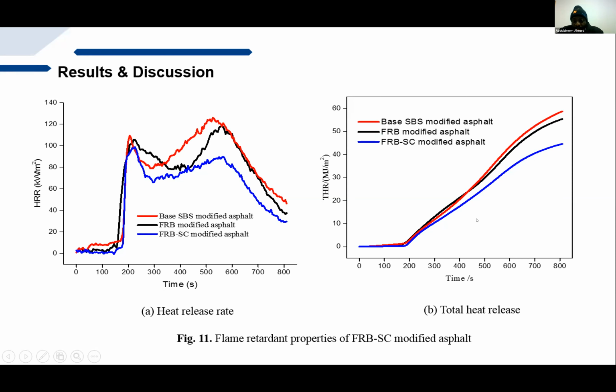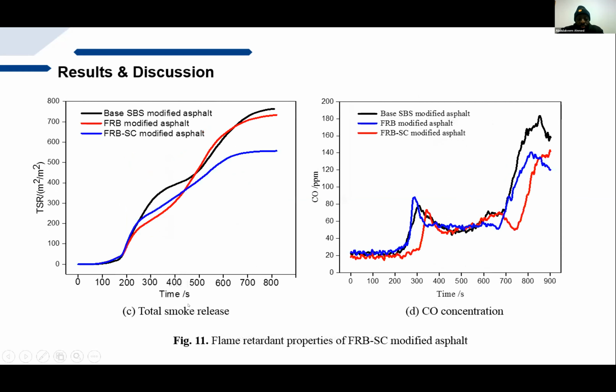On the right, in the second picture, we see that they all started with the same trend. And as time went on, we noticed that the asphalt with no flame retardant was emitting more heat. However, with the addition of the flame retardant, we were able to reduce the total heat released at the end of the day, which would be directly proportional to the possibility of combustion in the asphalt.